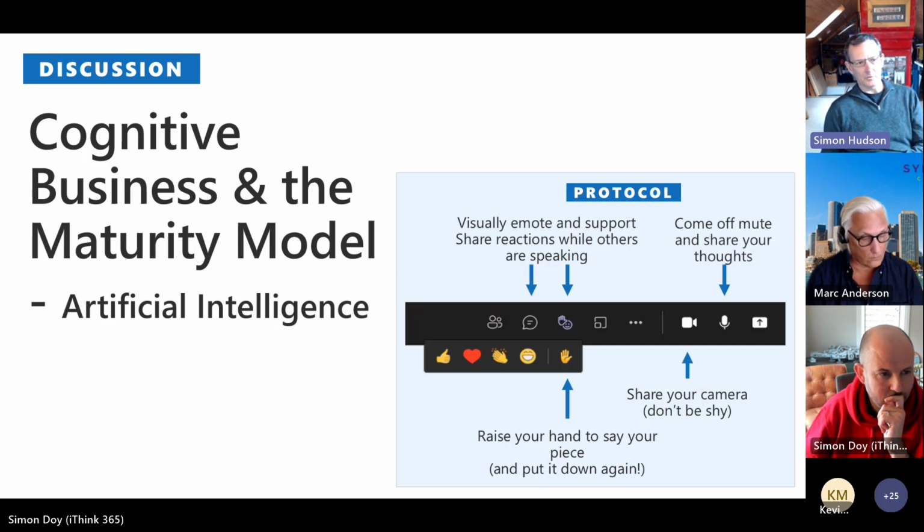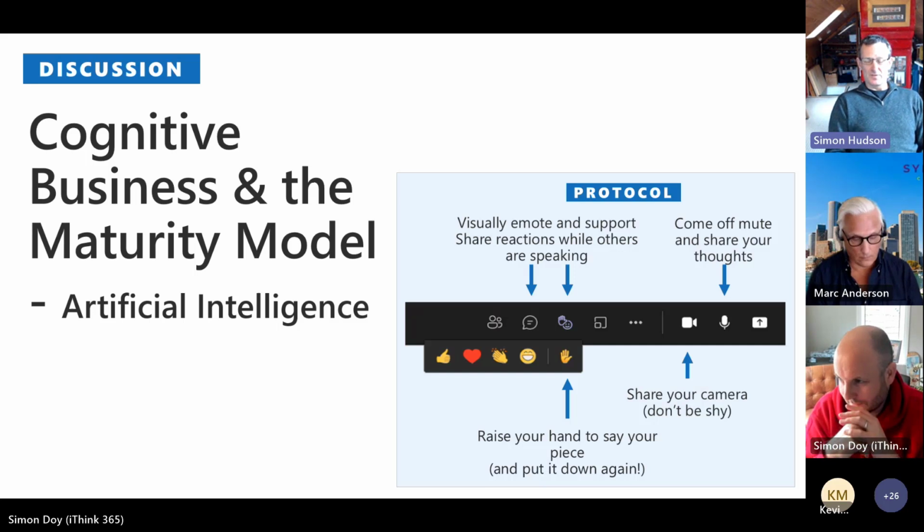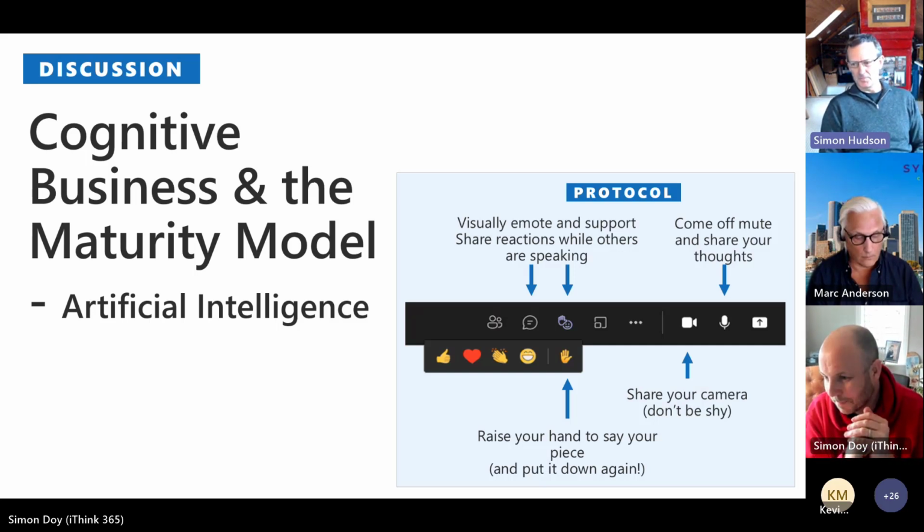And also, because the maturity models are really around business, not about the technology, this is more about how we use thinking in business. How do we use those cognitive processes in business? So we came up with the term cognitive business rather than AI and machine learning and other stuff in the maturity model. That's our proposal. If anyone has any better ideas or thinks it's a rubbish name and wants to push back, absolutely let us know.